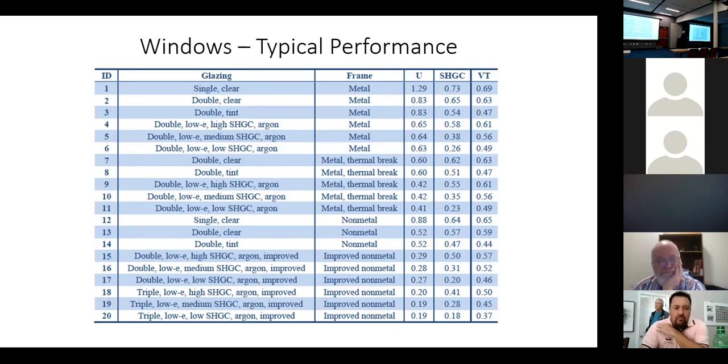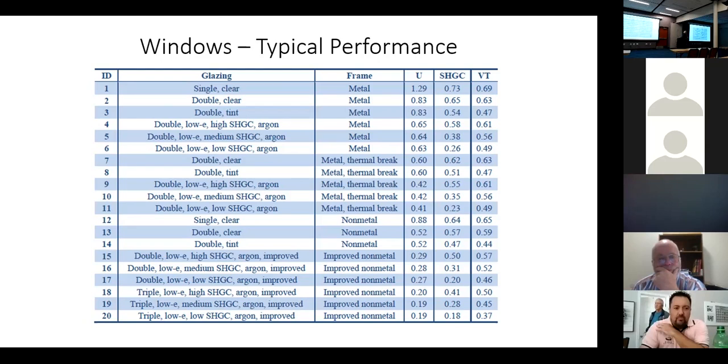So a single clear window in a metal frame is going to be somewhere in the 1.29 range. The VT is visible transmittance. Yep. So we have U, SHGC, and VT. So U is the U factor. Divide any one of these numbers into 1 and you get the R, taking into account the frames, because these numbers account for the frame.